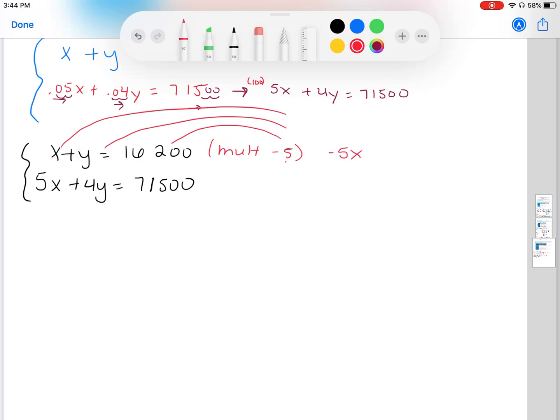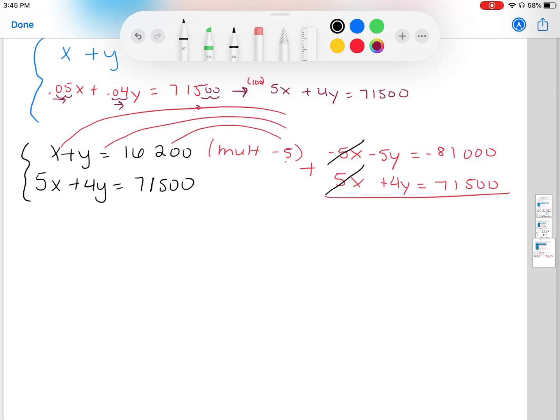Negative 5x minus 5y is equal to 16,200 times 5, we get negative 81,000. My second equation is 5x plus 4y is equal to 71,500. Let's go ahead and add them.